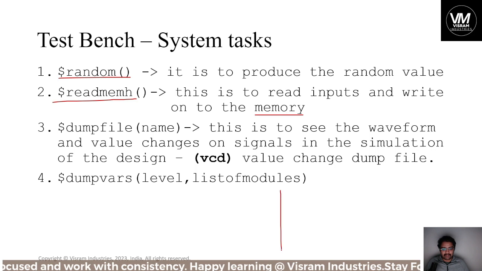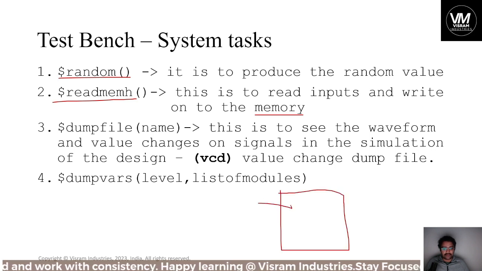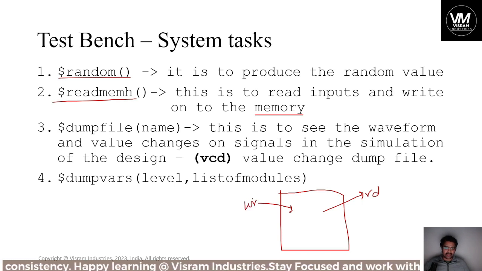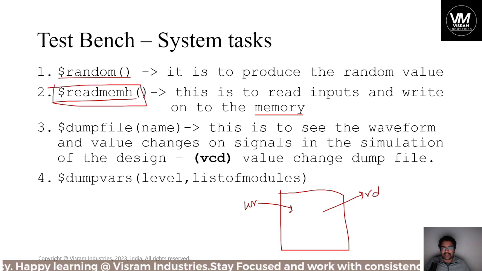Like if you have a memory and you want to write to it and read from it, when you have a file, $readmemh, hexadecimal, $readmemh will always do this task of reading inputs or writing onto the memory.